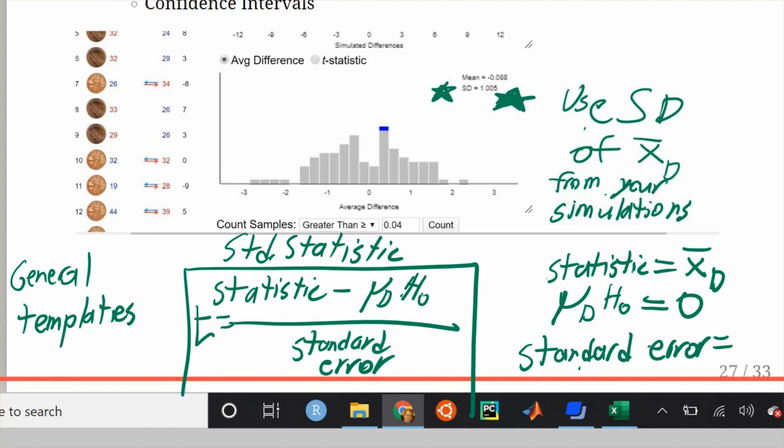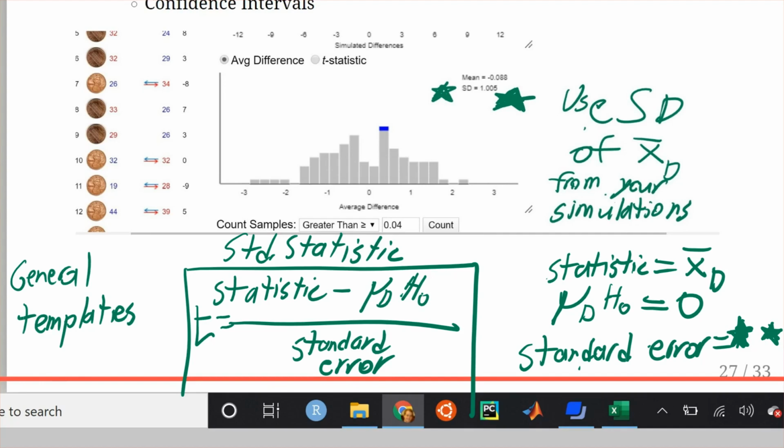That is the standard deviation of your 1,000 simulations and their sample mean differences. That standard error is marked with the 2 stars that you see up there.